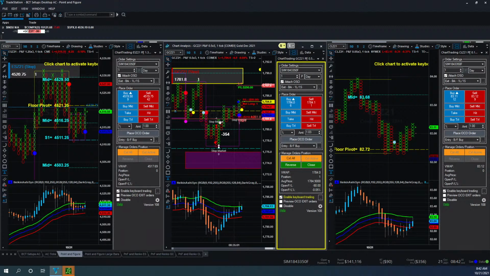Crude is drifting higher. And gold wants to go higher.